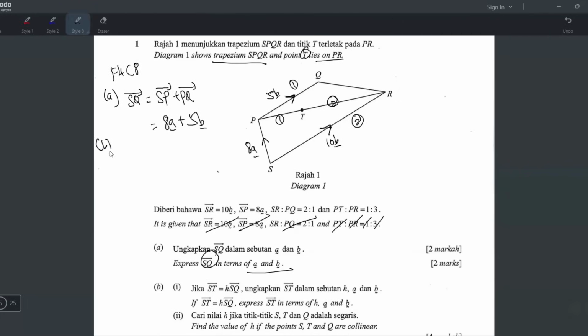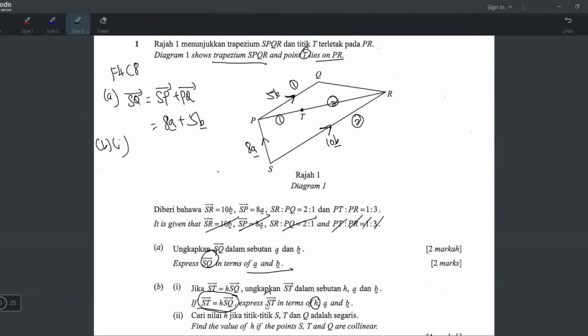Okay, B1. If ST equals to HSQ, express ST in terms of H, A and B. Okay, if you want your answer to be in terms of H, you have to use this information. Because if you look at the diagram, it doesn't have H. The diagram only has A and B. So if you want to have A, B and H, then definitely you have to use this.